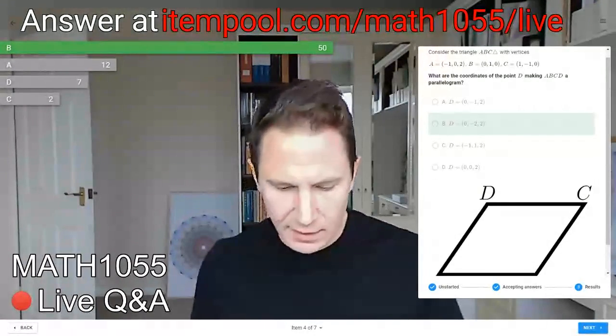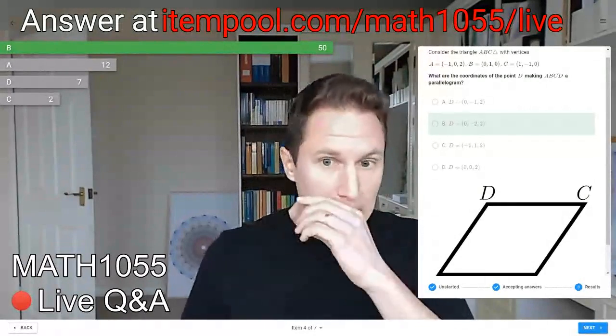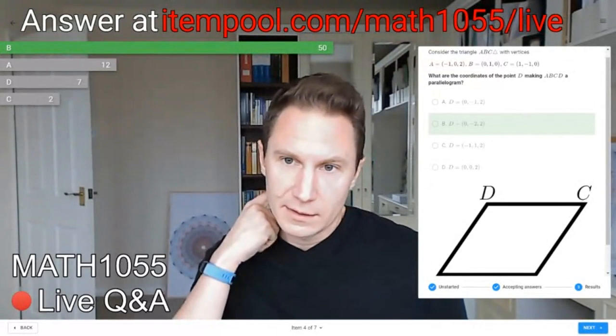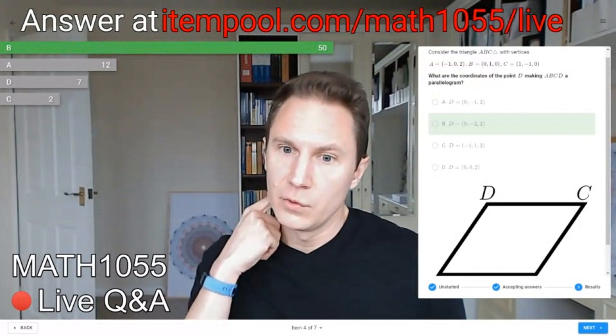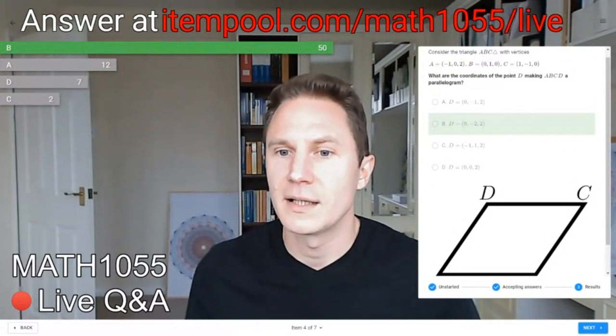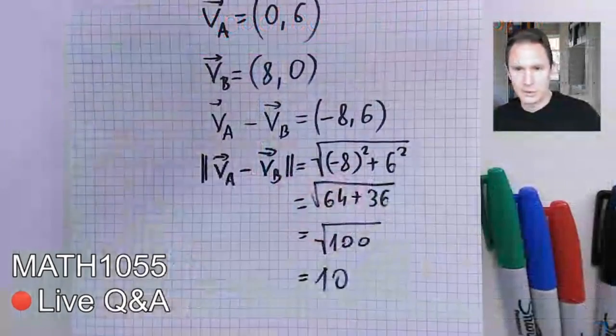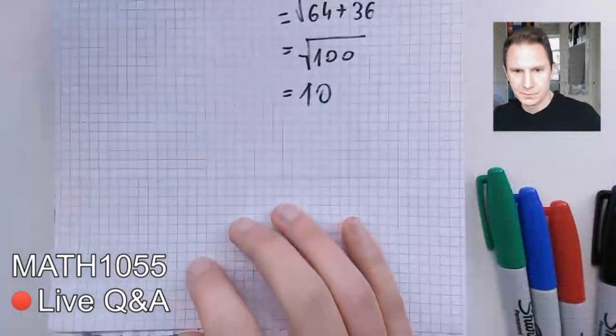Okay, and the basic idea here, well, you could do it in multiple ways, but the basic idea is to realize that if you take the vector, let me try to draw this.